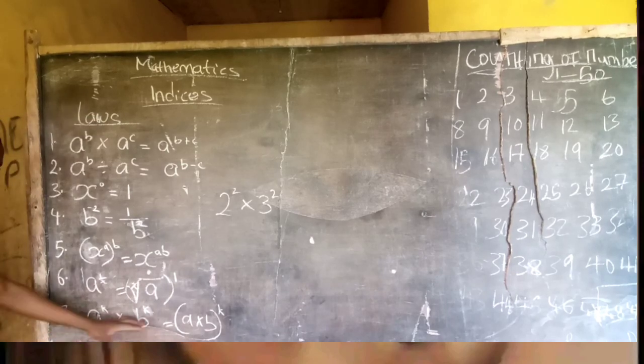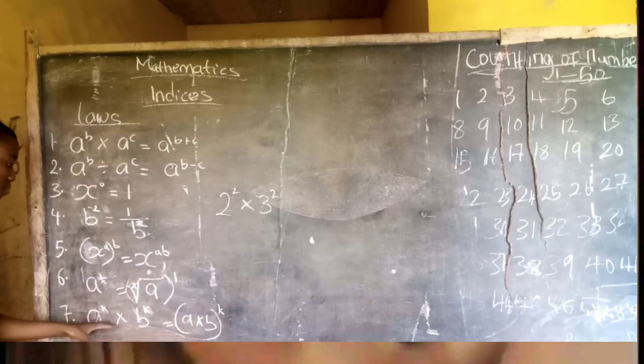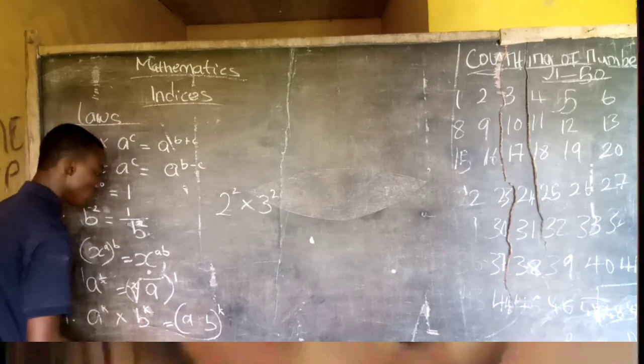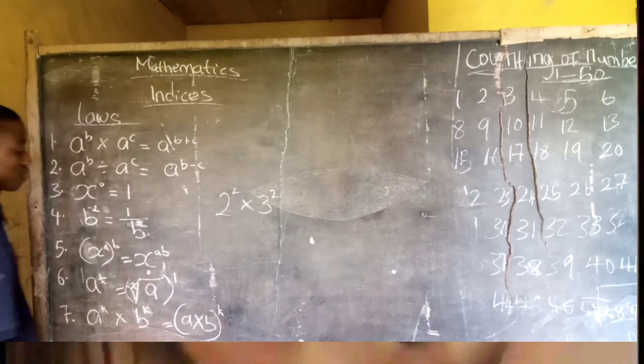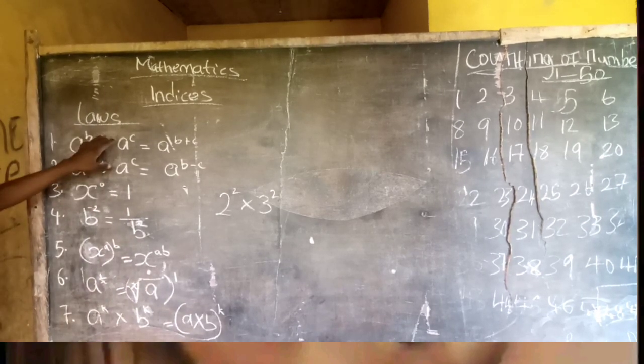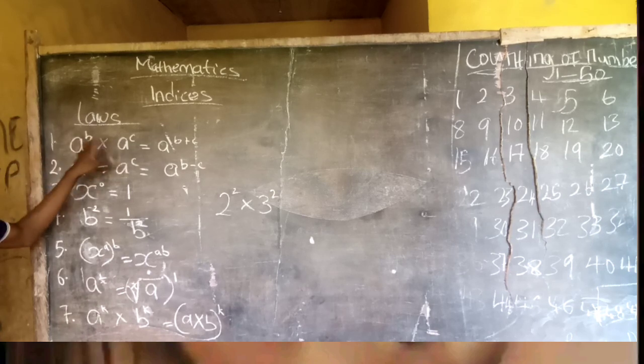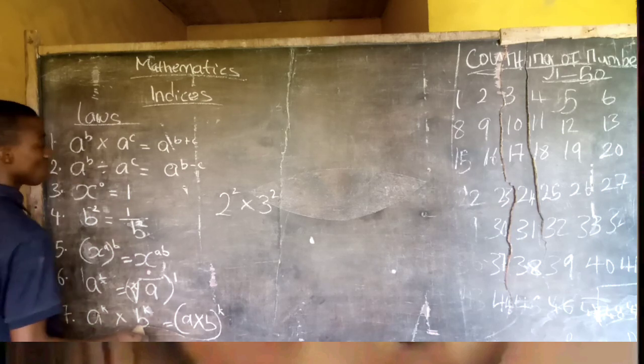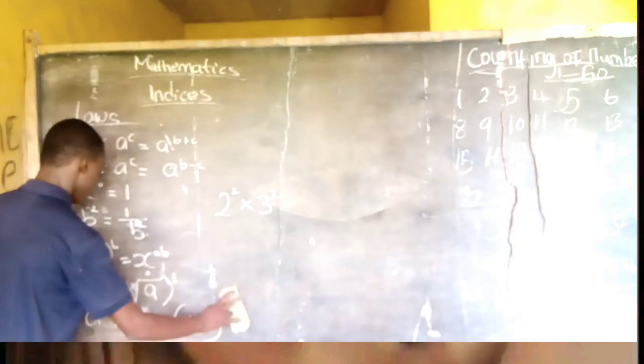So when you see something like this, I can multiply the base and take 1 power. But in the case of the powers, I will take 1 base and add up the powers. Alright? What about if they are different? Yes, if they are different, we solve it in a different way.